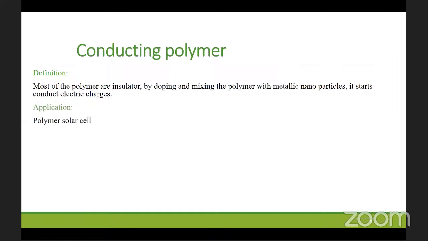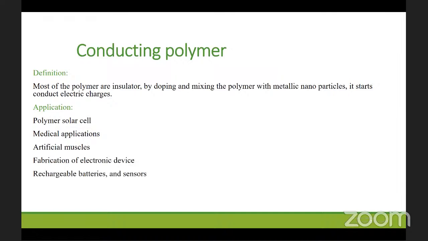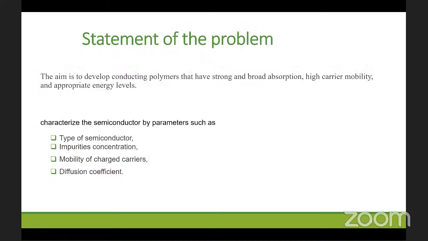This kind of polymer nanocomposites are widely used in polymer solar cells, medical applications, artificial muscles, fabrication of electronic devices, and rechargeable batteries and sensors.